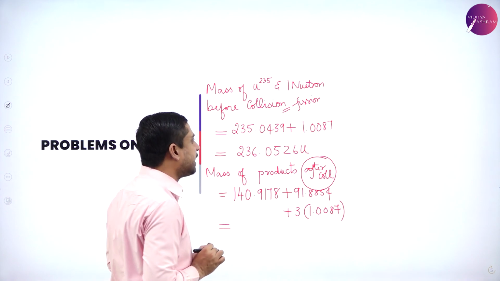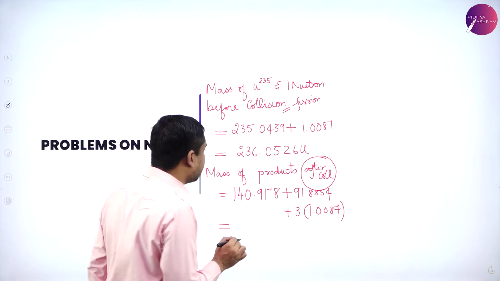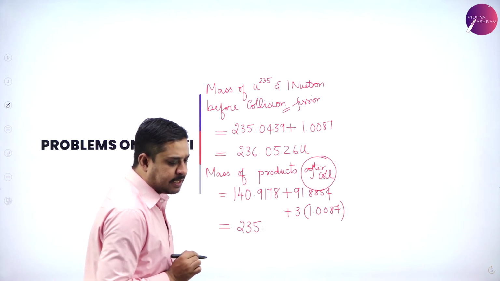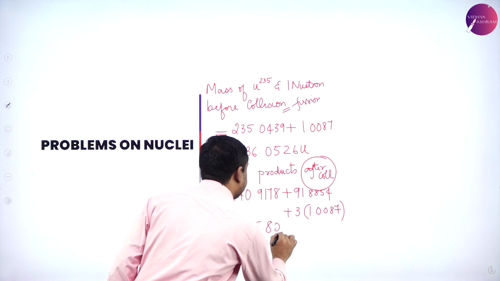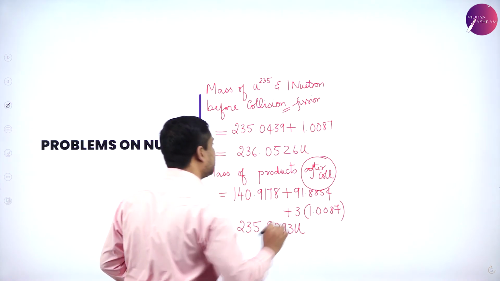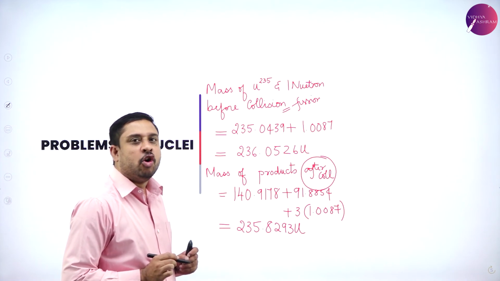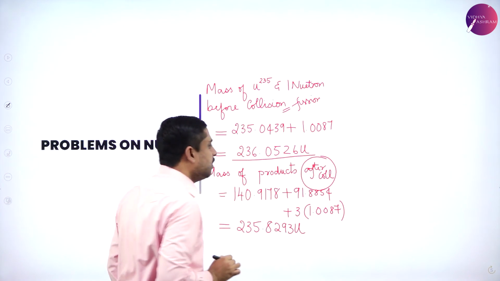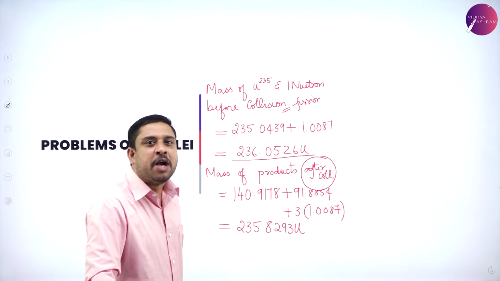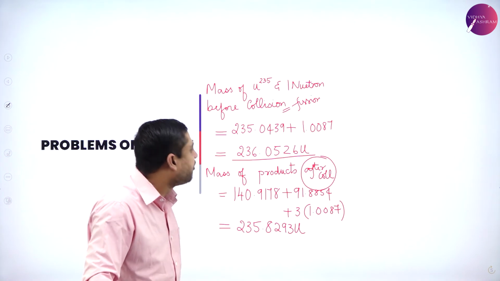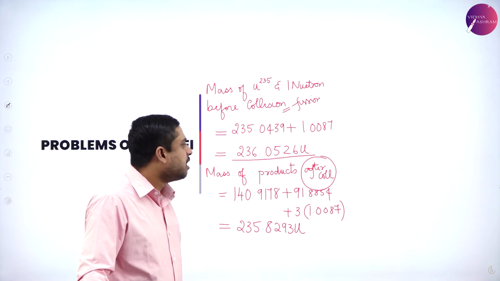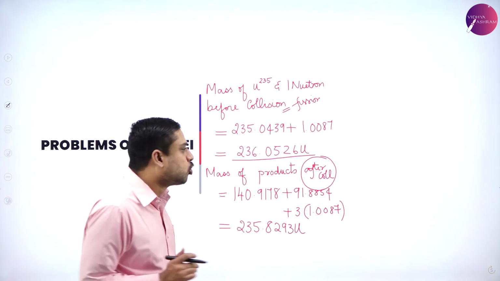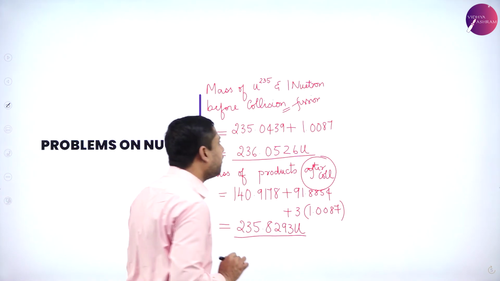So this turns out to be 235.8293 units. So if you observe, students, this is the mass of uranium and 1 neutron before fission. Mass of barium, krypton and 3 neutrons formed after fission.